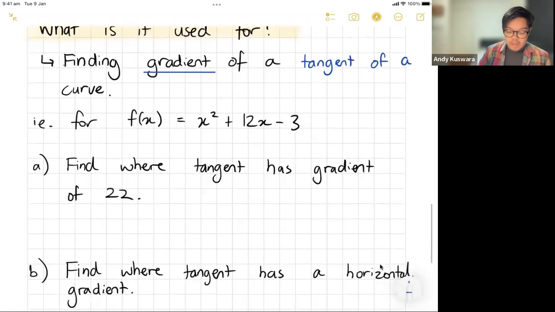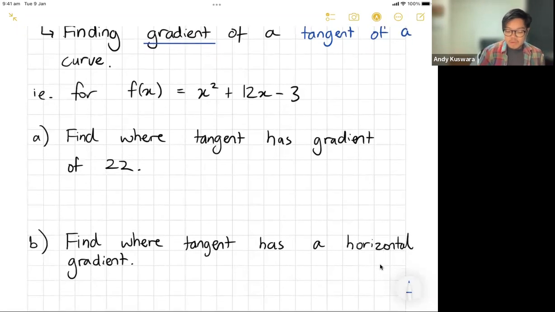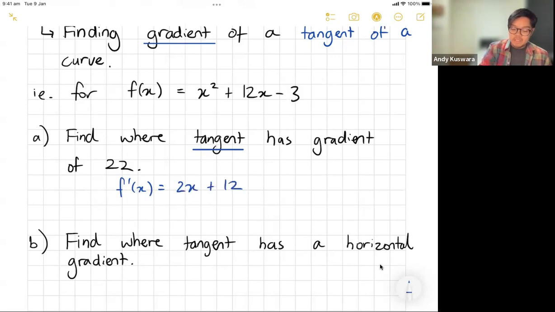So for f(x) equals x squared plus 12x minus 3, find where the tangent has a gradient of 22. So if we're talking about the tangent, I'm immediately thinking f dash x, and that's going to be 2x plus 12. And I want the gradient of the tangent to equal 22.